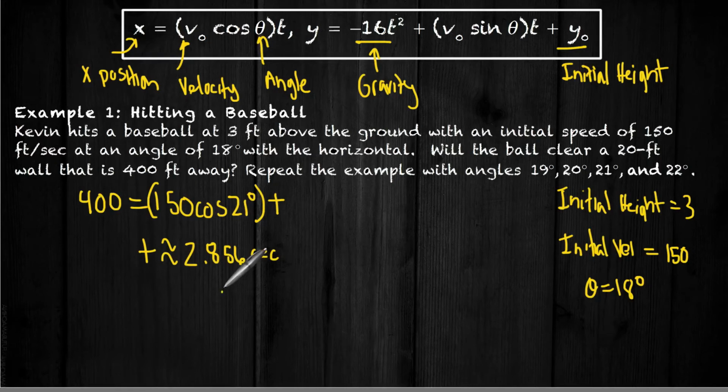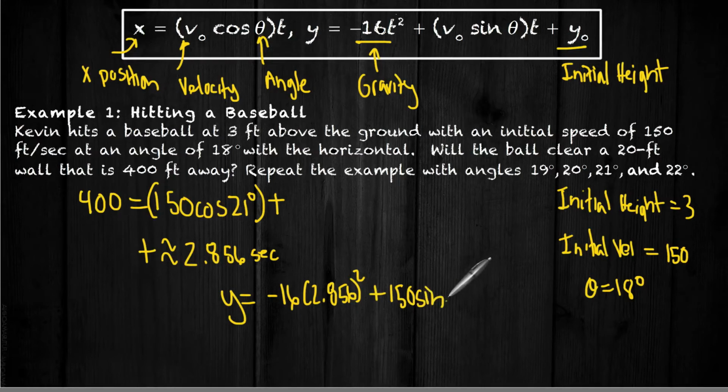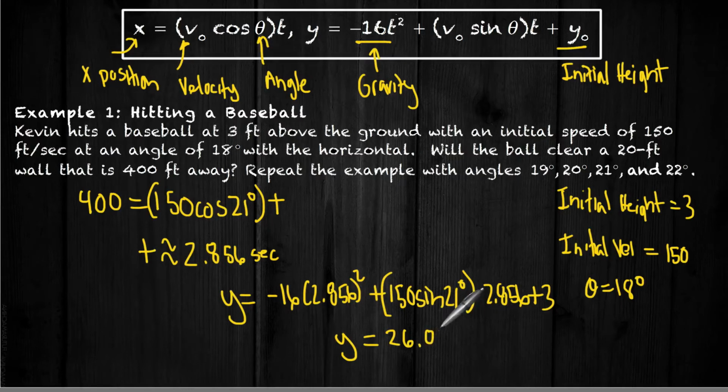So we will say y equals negative 16 times 2.856 squared plus 150 sine of 21 degrees, and all of that times 2.856 plus an initial height of 3. When we do that, we get a y height of 26.0025. That's how high the ball is.